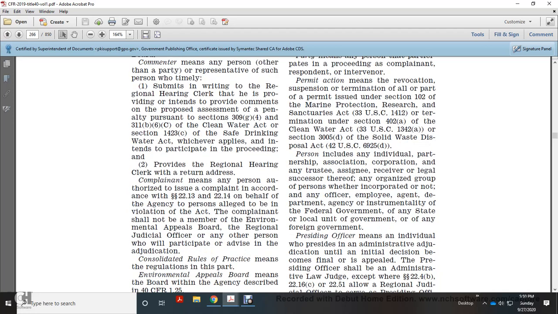Complainant means any person authorized to issue a complaint in accordance with Sections 22.13 and 22.14 on behalf of the Agency for the person alleged to be in violation of the Act.